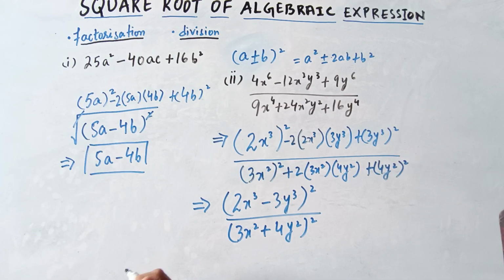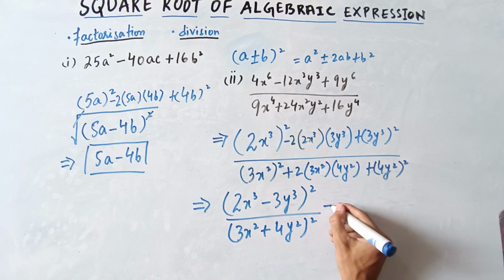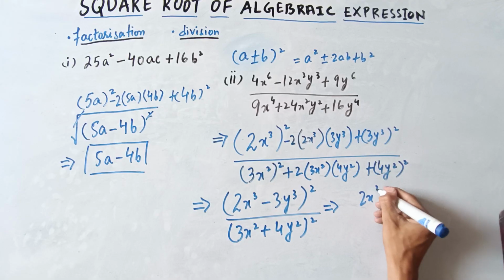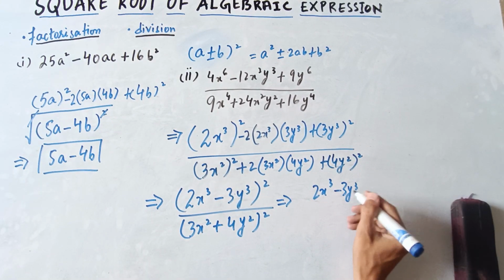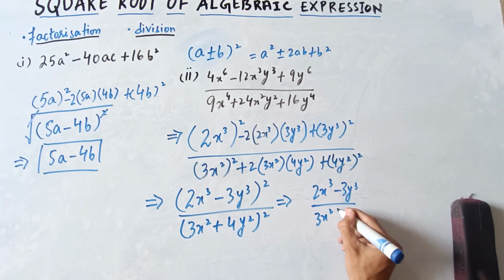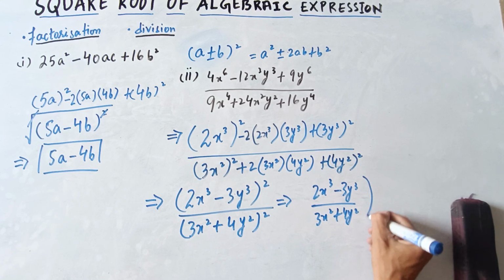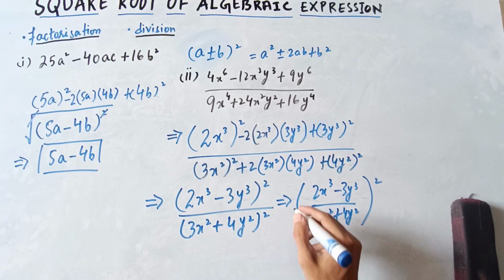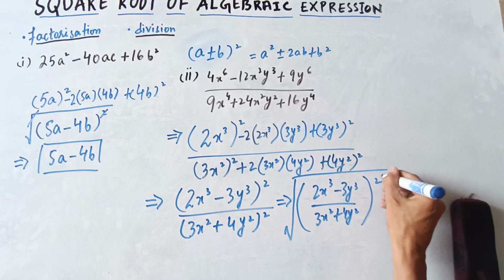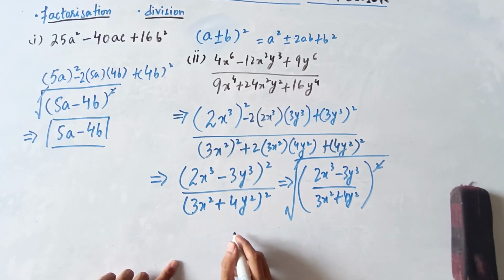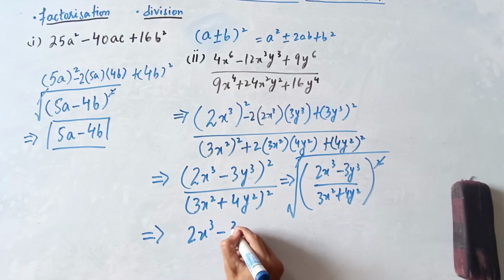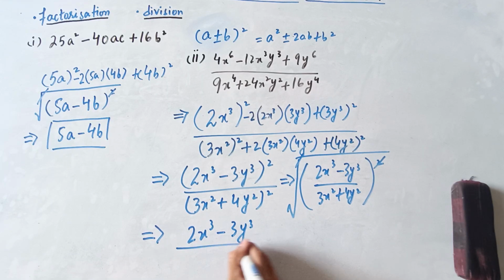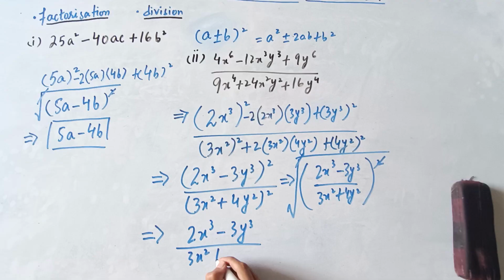As you are finding the square root of this expression, you can write it like this: 2x cube minus 3y cube whole upon 3x square plus 4y square whole square, and after putting a square root symbol on it you can cancel it, and your final answer will be 2x cube minus 3y cube upon 3x square plus 4y square.